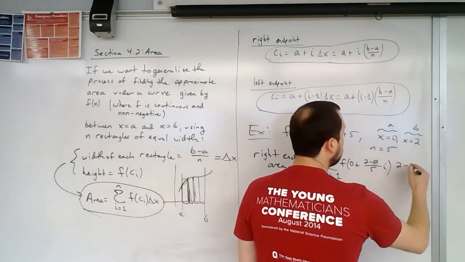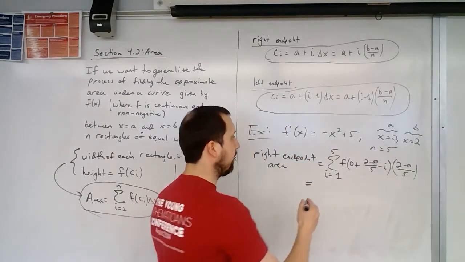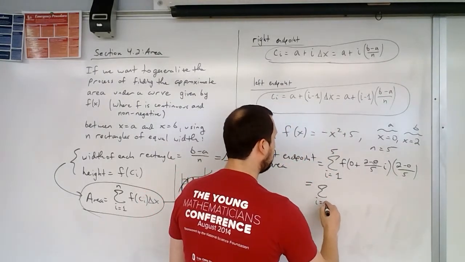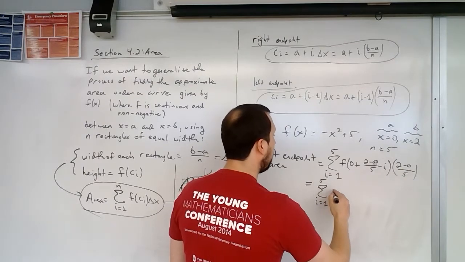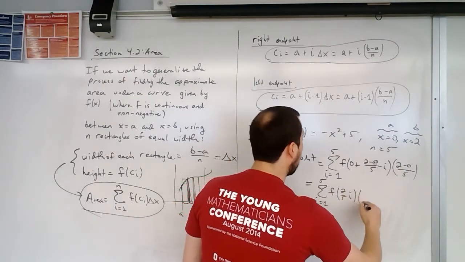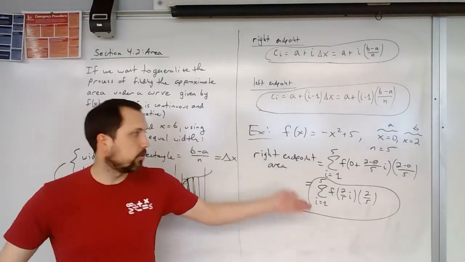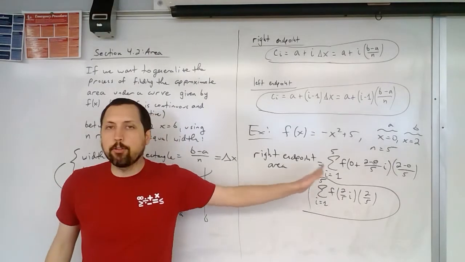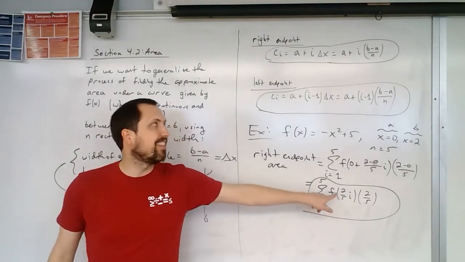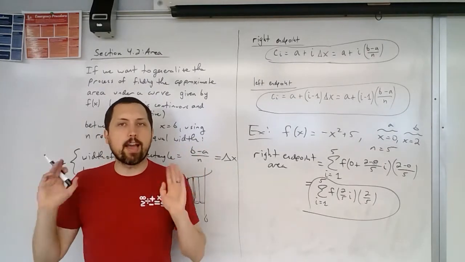So I take 2 minus 0 over 5. In simplifying this, I have the sum from i equals 1 to 5 of f of 2/5 i times 2/5. And so we saw this formula. This is what the formula looks like in general. And now you could simplify this, plug this into the function if you'd like, and take sums, combine everything, and get your areas.